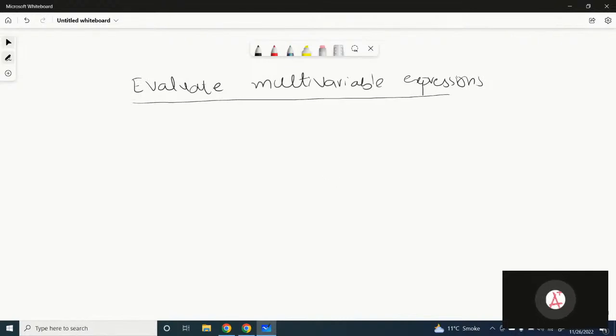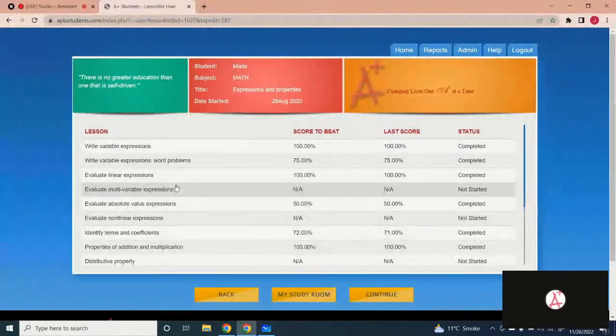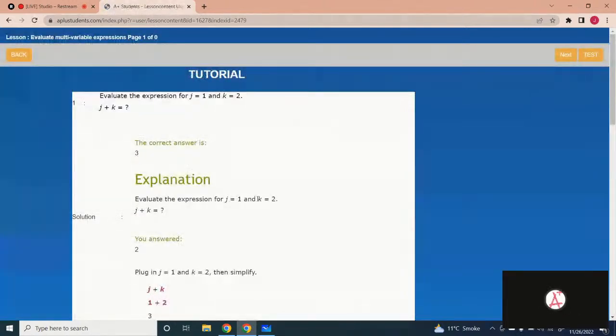Okay, let's start with the examples. Okay, I'm on grade 7 maths. The chapter name is expressions and properties. And here is the lesson I'm going to start with, that is evaluate multivariable expressions. Got it? Let's start with the lesson.